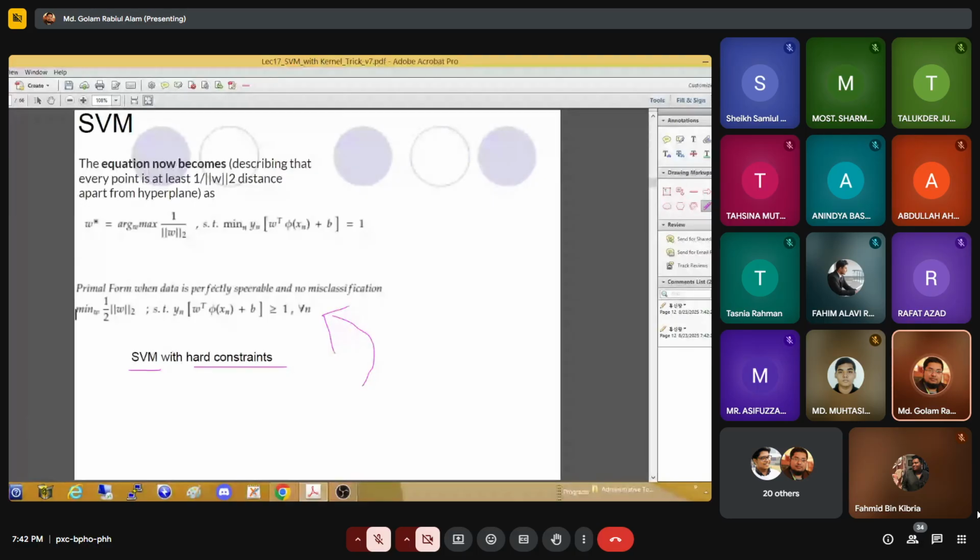Then we have utilized the Lagrangian method to solve this problem. This is an optimization problem to find out W and B.